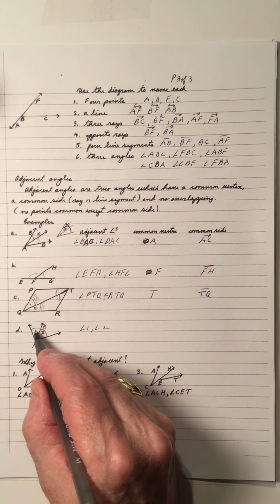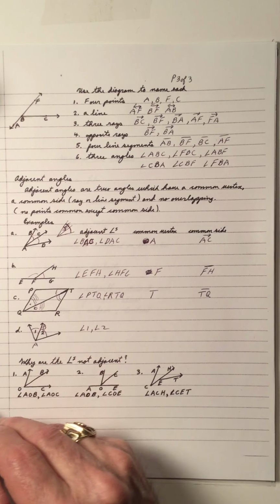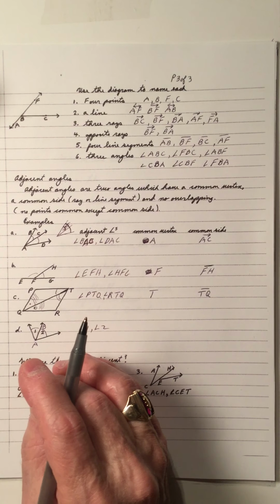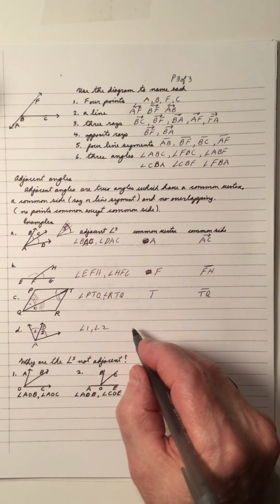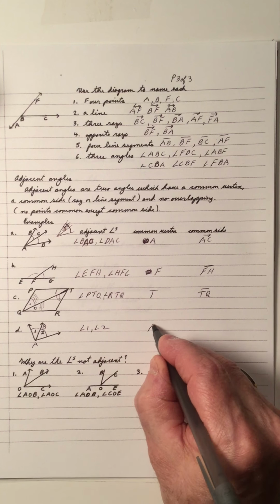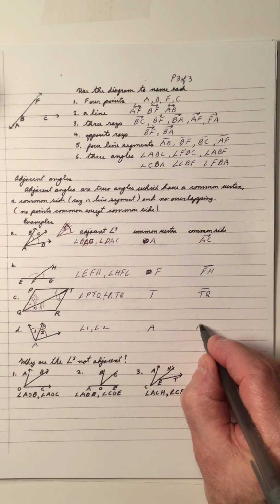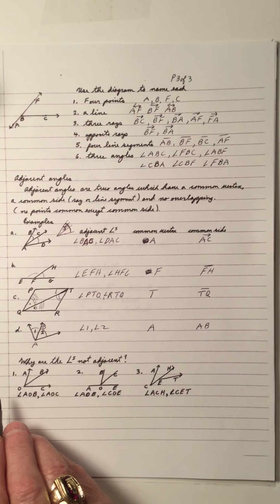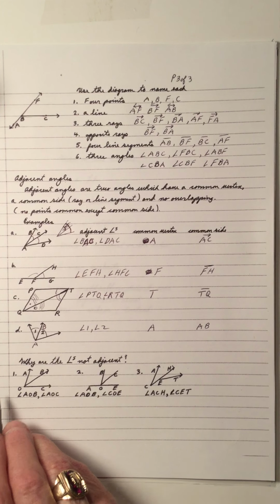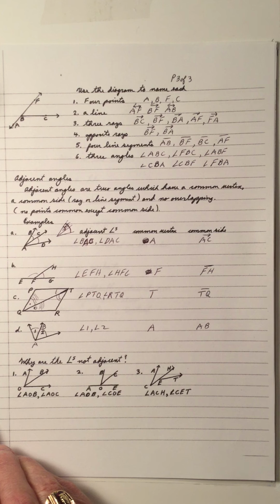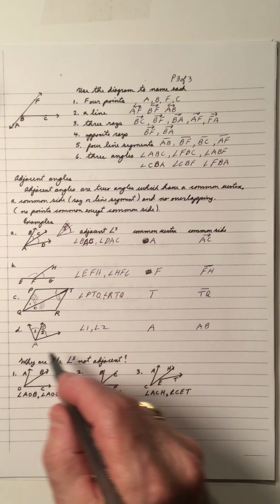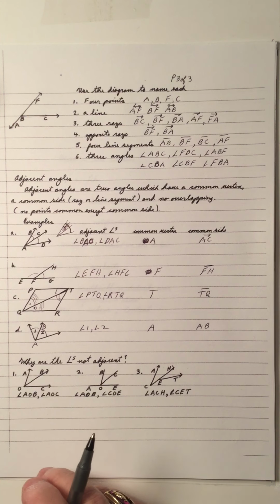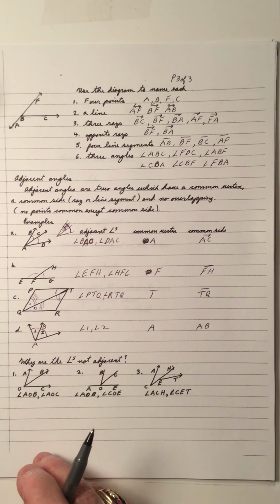Because you can't say angle 1 and mean it for all this. So when you number an angle, it's only for the smaller part of the bigger angle. So I have a common endpoint called A, and I have a common side, AB. So 1 and 2 are adjacent. Again, you get the idea that adjacent angles have same vertex, same common side, no overlapping.